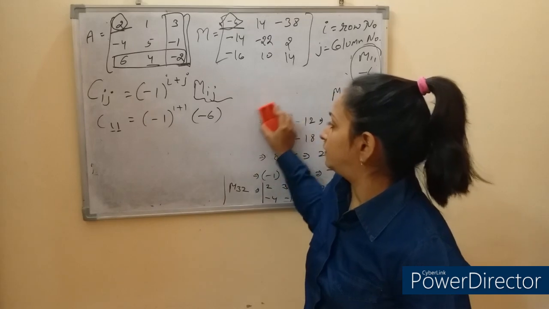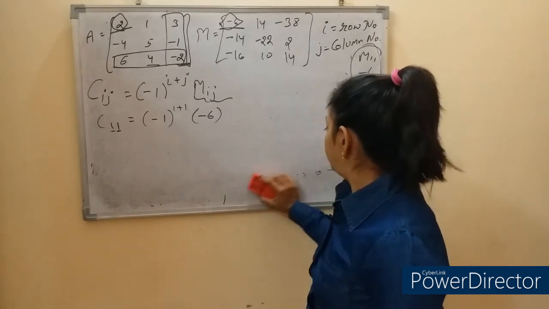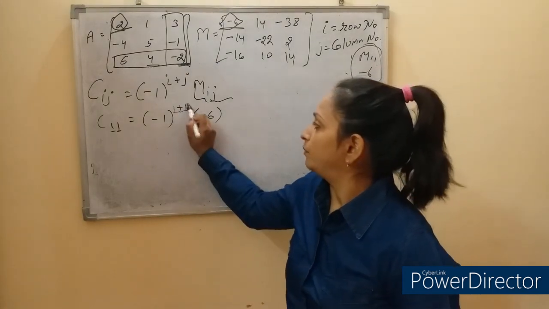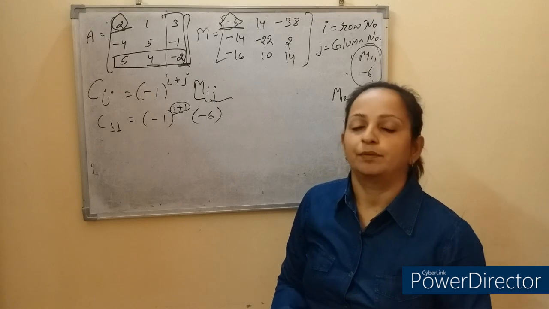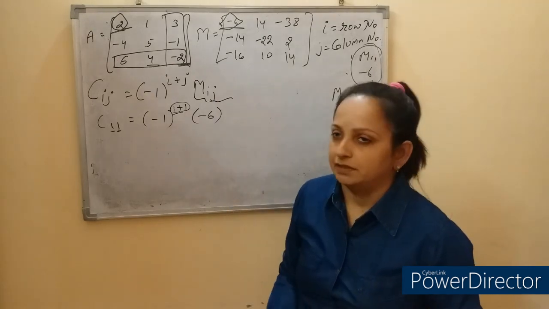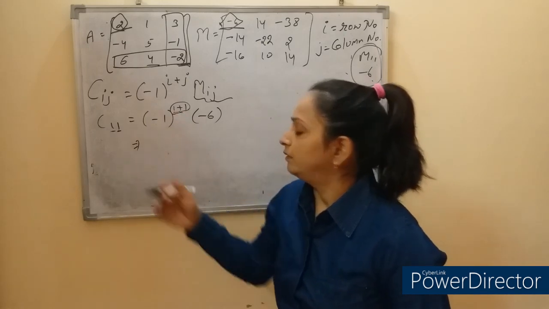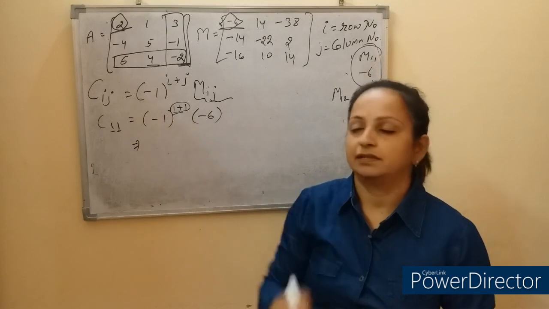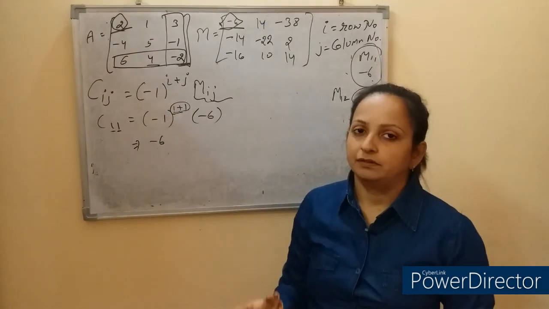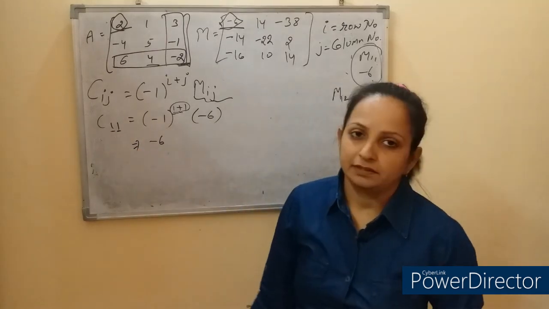So that's a trick: if you are making a power of minus 1, if the total power is an even number, it will become positive. If it is an odd number, then it will not change. So 1 plus 1 is 2. So minus 1 becomes plus 1, because minus 1 squared is equal to plus 1, and multiplying it with minus 6 gives me minus 6 only. So C11 is minus 6 only.